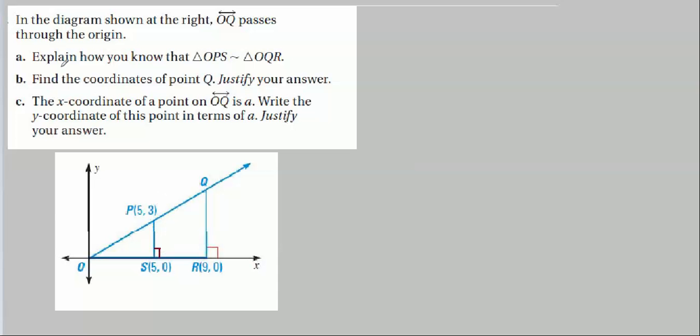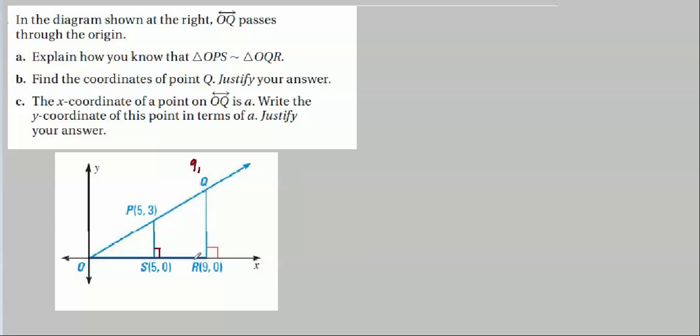Now, find the coordinates of the point Q. Well, this is perpendicular, so we know that it must have the same x-coordinate. So there we go. On the other hand, they're similar. This one has a length of 3, right? It goes from 0 to a y-coordinate of 3. So the ratio of this side to this side must be the same as the ratio of this side to the whole.